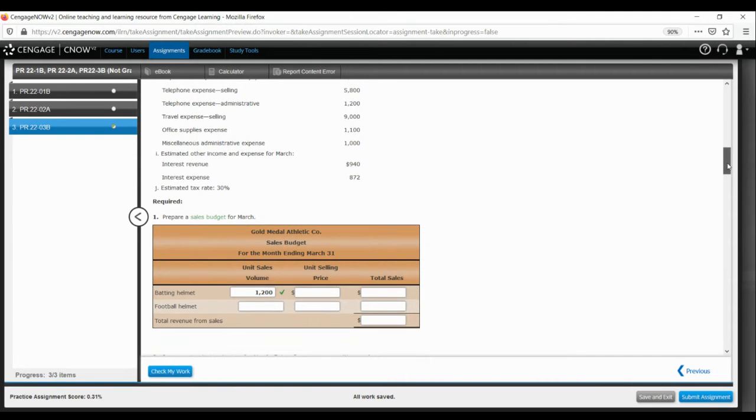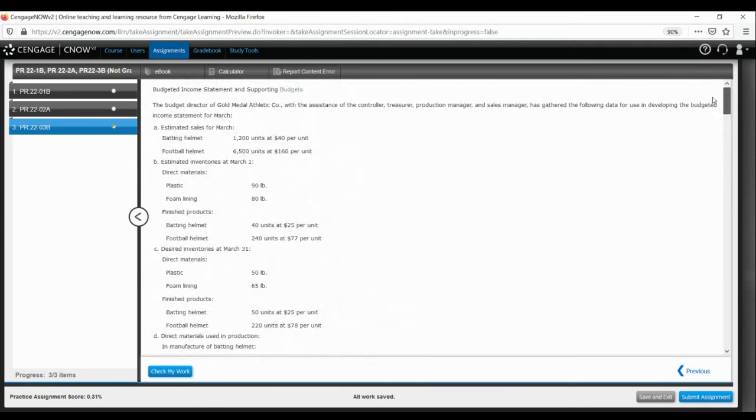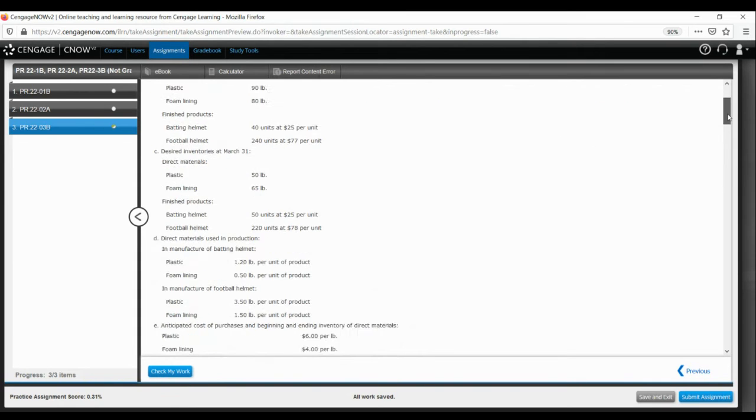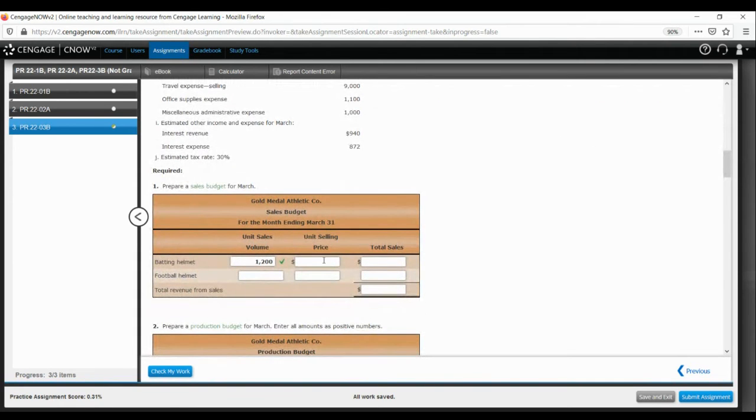The unit selling price is also given to you in Part A. And so for the batting helmets, the unit selling price is going to be $40 per unit. So what you have to find is the total sales for the batting helmets for the month of March, and you would simply multiply 1,200 by $40.